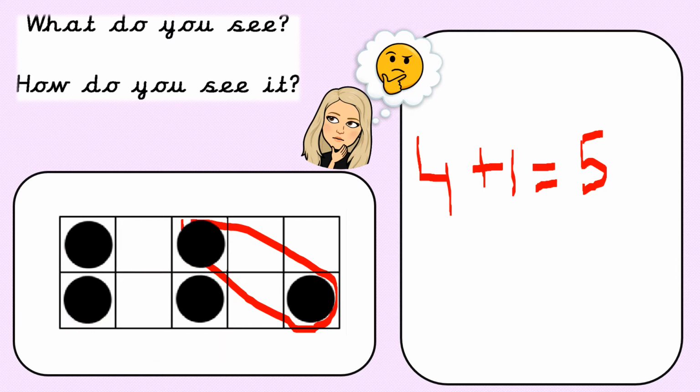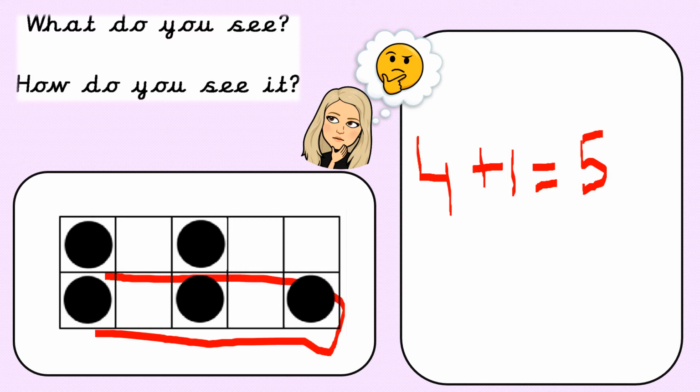Or you may have even seen 1 plus 1 plus 1 plus 1 plus 1 equals 5. Or 3 down the bottom and 2 at the top equals 5. All right, let's look at the next one.